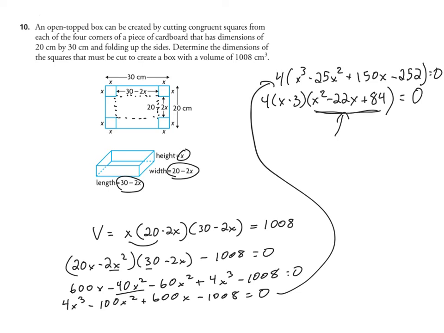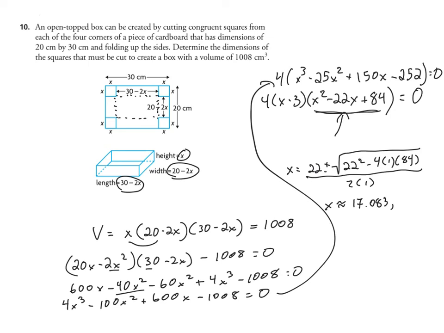So since this has to equal 0, that means x has to equal negative b plus or minus the root of b squared minus 4ac all over 2a. So x equals approximately, calculator, 17.083 or 4.917.